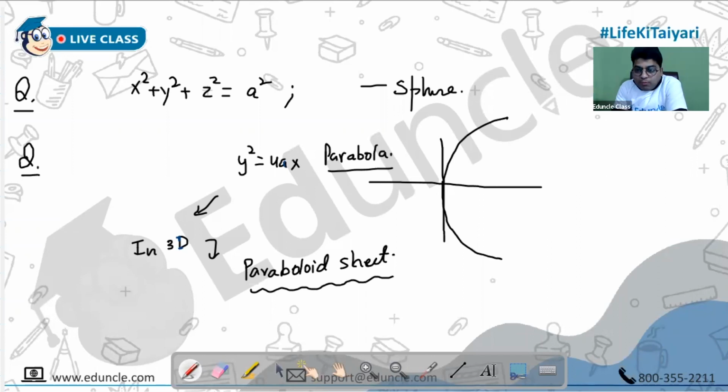So what is a paraboloid sheet? Can someone tell me what is a paraboloid sheet? See, we have a circle, then a further circle, further circle, further circle, and we can join them with a smooth curve. So that can be a paraboloid sheet.